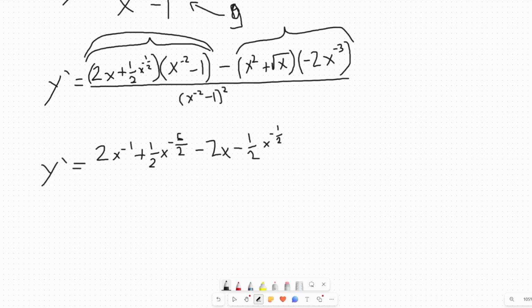Now we have another annoying simplification, you could call it, but it's not so bad. And you can rewrite root x as x to the 1 over 2 to make things easier for you to compute. So you minus, and then 2x to the negative 1 plus 2x to the negative 5 over 2.